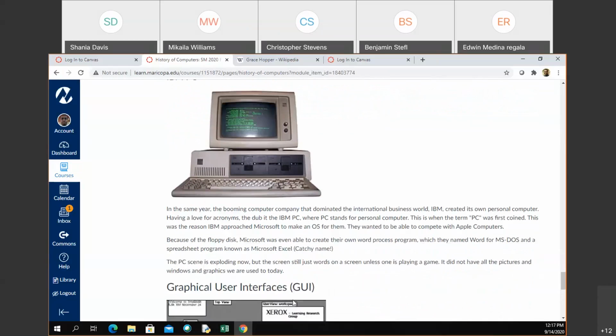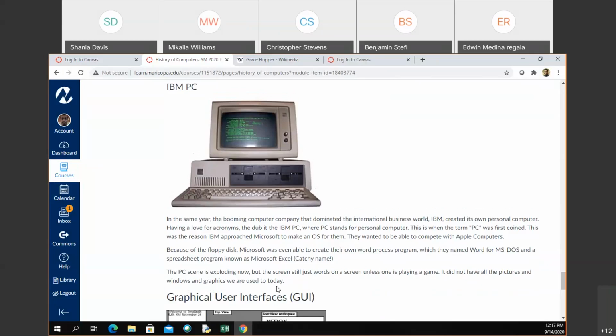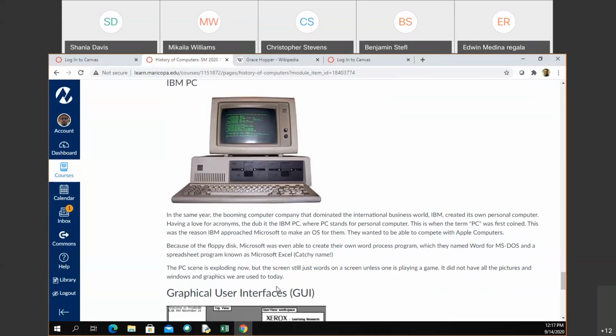Hope that stuck around. So everyone wanted to get into having personal computers now. So all these different companies are either taking IBM's personal computer and making alterations to it, or trying to create their own, or they're trying to hire Apple, which Apple says no, you can just buy our thing, and get Microsoft to create their own operating system for them as well. So that's what's going on at this point in time.